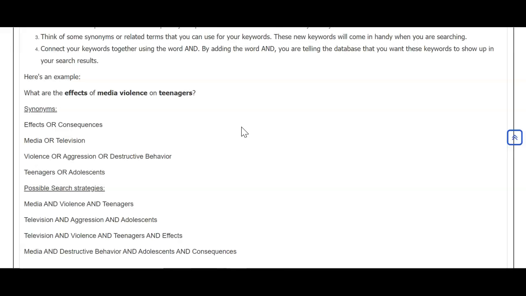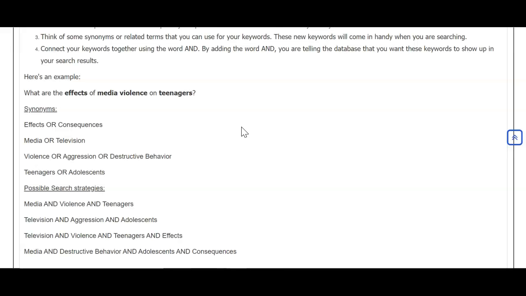So if we search for teenagers in the library database, it's only scanning all of the articles looking for the word teenagers. It's not like Google where it's going to pick out teenagers and youth and young adults and kids and all those other terms. It's only going to give you what you put in.